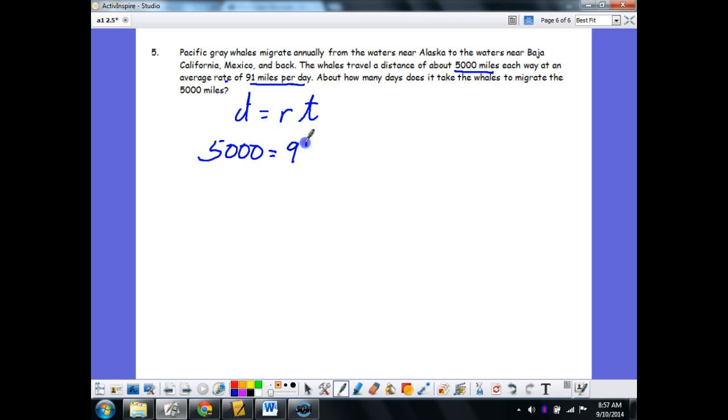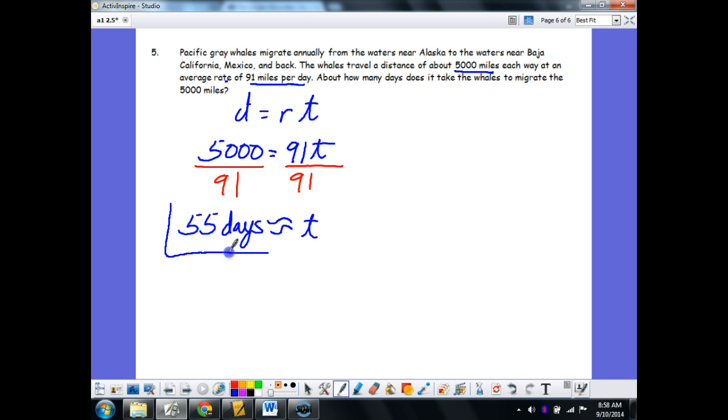So there's our rate. We want to know how many days or how much time it will take. So then we divide both sides by 91. So it will approximately take about 55 days to make that migration.